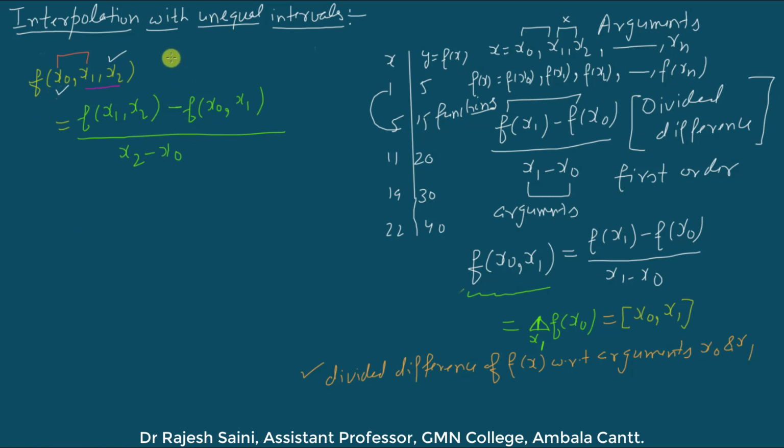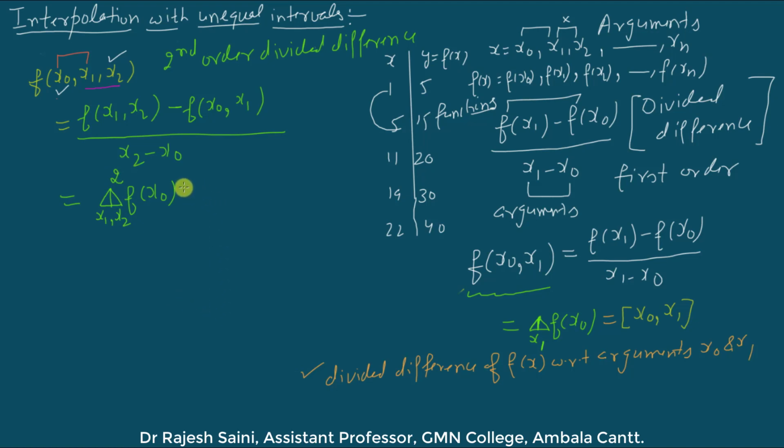So this is the second order divided difference, and symbolically it is written with this delta, the divided difference operator, acting on f of x0, with the arguments x0, x1, x2 below the operator, and since it is second order divided difference, here will be 2.